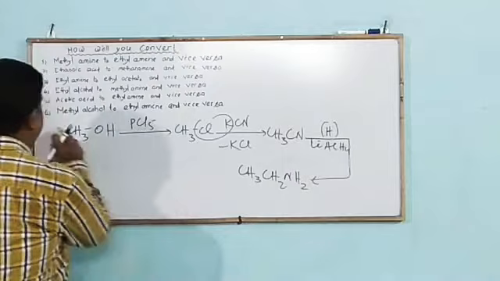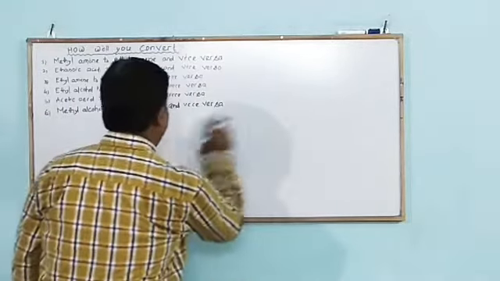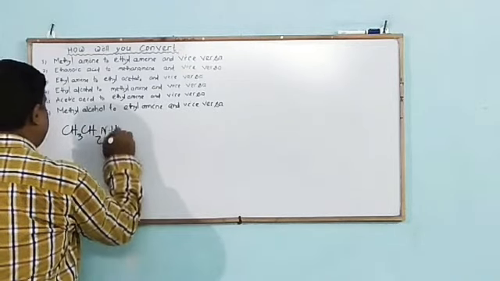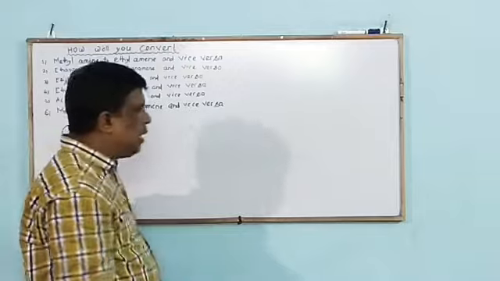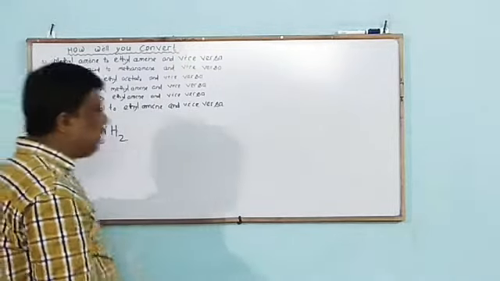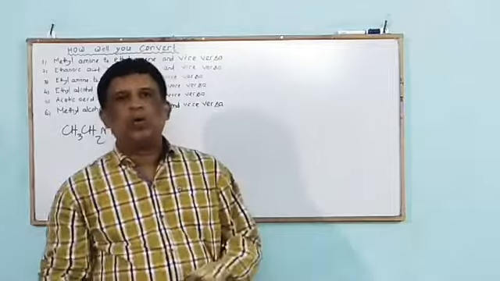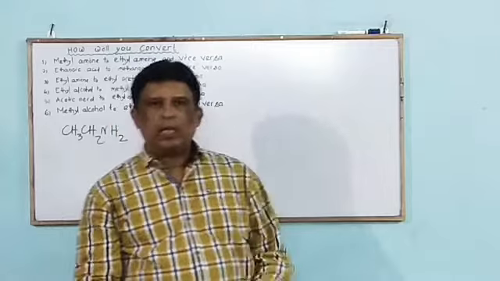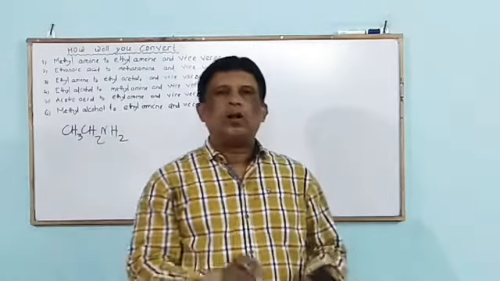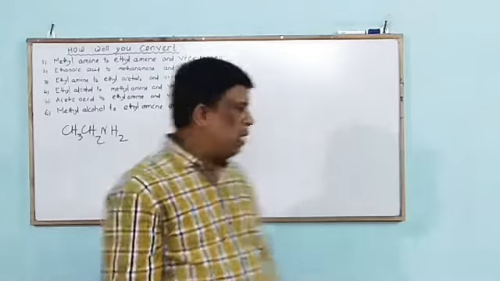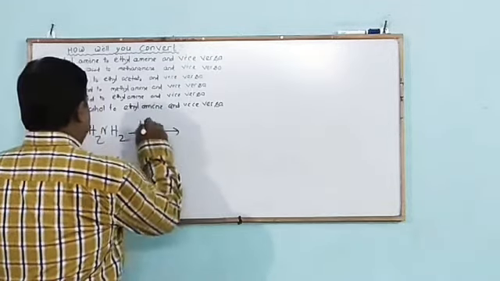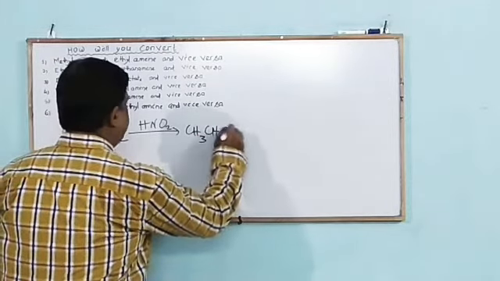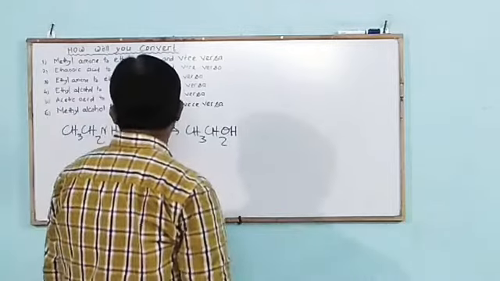Now, ethylamine to methyl alcohol. Ethylamine, CH3CH2NH2, has 2 carbon atoms, while methyl alcohol has 1 carbon. So we have to go through a step down or descending series. In this case, either we go through the Dumas method, decarboxylation method, or the Hofmann bromamide reaction. Ethylamine reacts with nitrous acid to form ethyl alcohol.